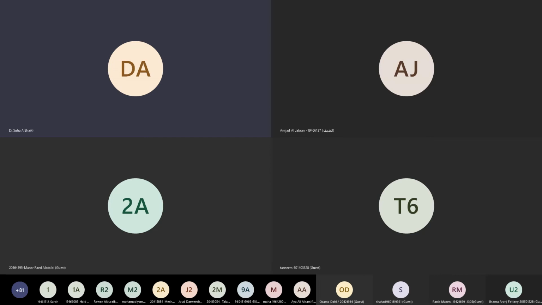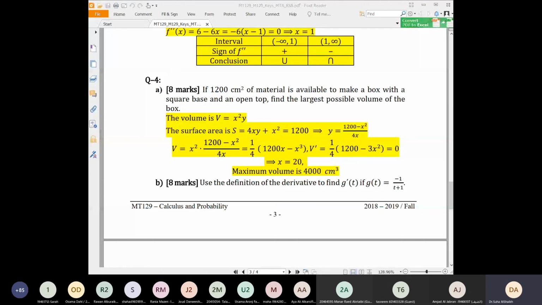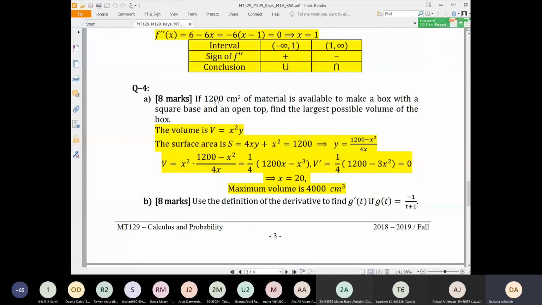Here we go. Check this question here. Check this question, you see? This is from a previous year's midterm. They are giving you this question.